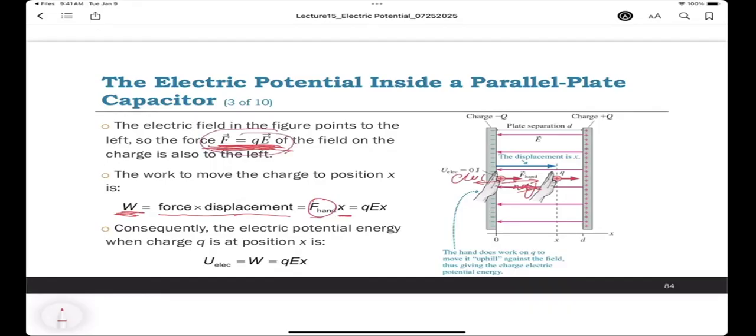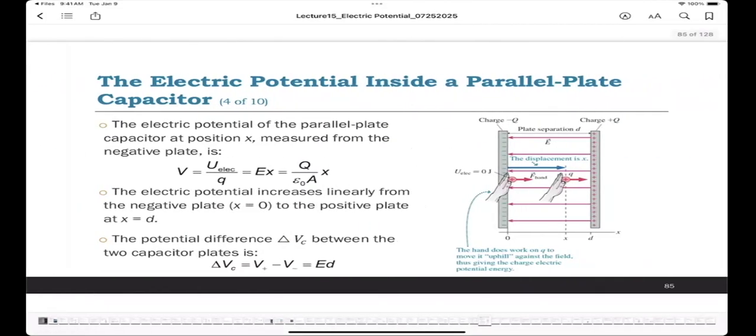So this equation equals this one, just putting QE here and X. Consequently, the electric potential energy when charge Q is at position X equals the hand force times X, so it equals QEX. That makes sense to you?